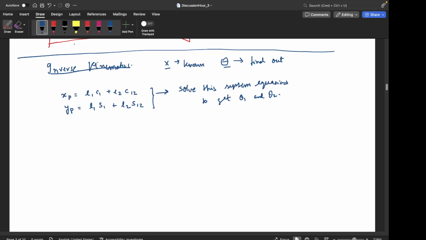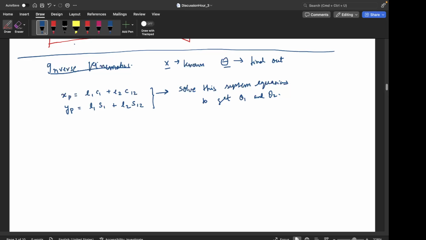And this becomes increasingly hard with increasing degrees of freedom of the system. In order to have a unique solution of inverse kinematics, we should have the number of equations equal to the number of joint variables. If we have more equations, then the inverse kinematics solution is not unique.